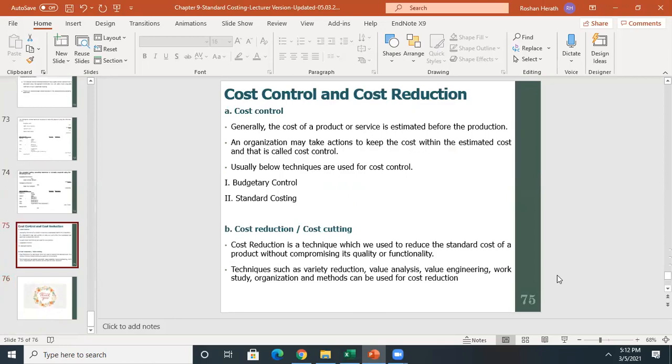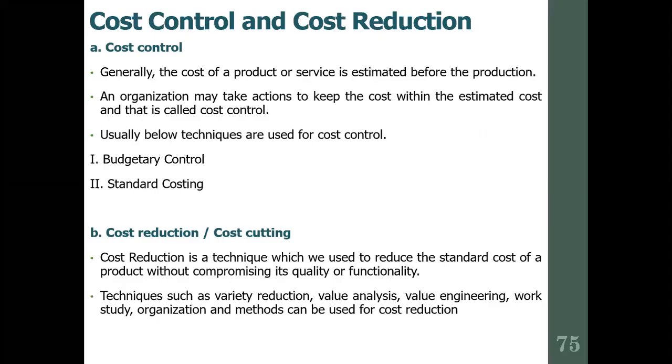Fine. So moving on to this slide, we'll see the cost control and the cost reduction. We'll see what is the difference between these two concepts, or is it the same concept? When it comes to cost control, generally the cost of a product or service is estimated before the production. So obviously, when it comes to a product or a service, we may be doing the costing in advance, especially for planning purposes.